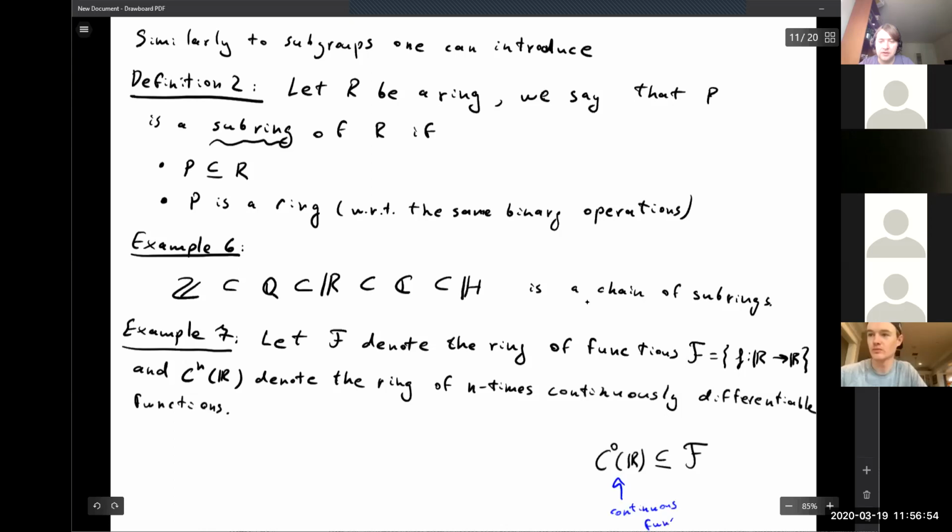So in real analysis or calculus, you've learned that if you add two continuous functions, you get a continuous function. If you multiply two continuous functions, you get a continuous function.